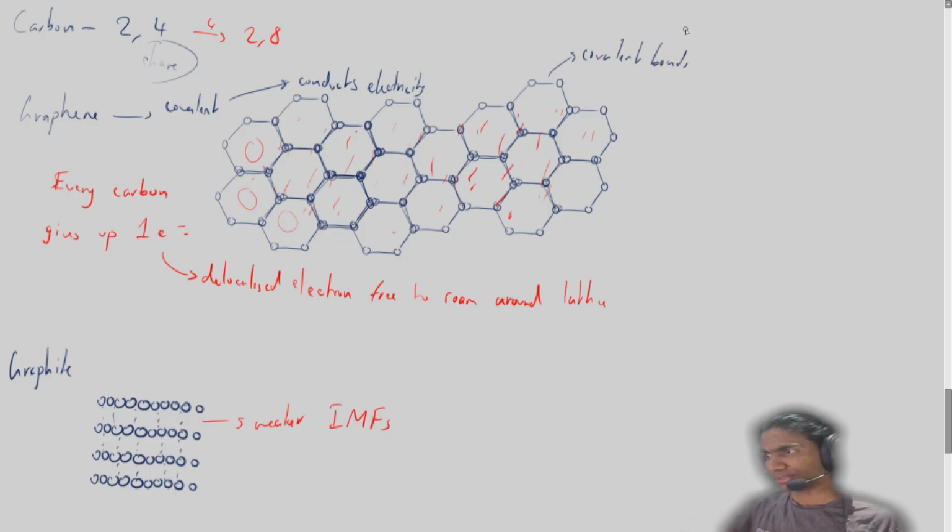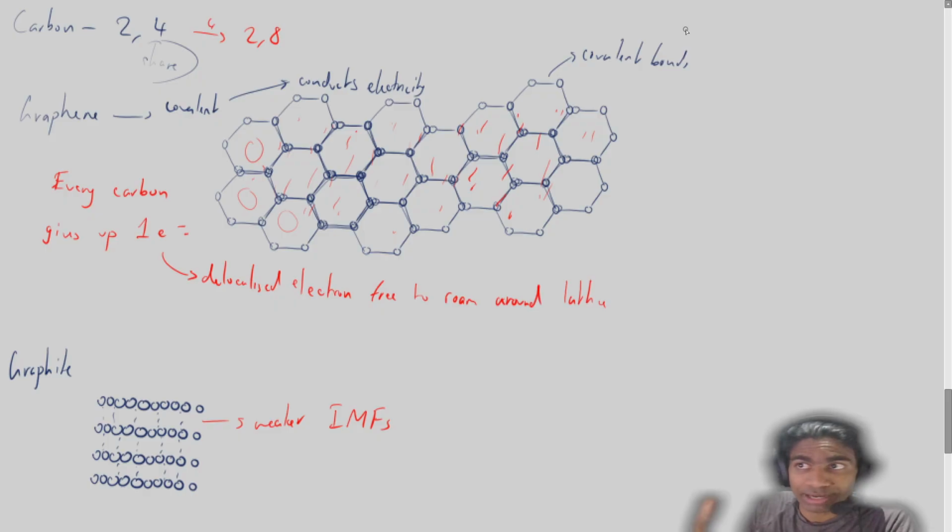If you had to summarize this, the carbon atoms in graphene are bonded to 3 other carbons through covalent bonds. And then for the remaining missing bond, they give up a free electron. That electron is a delocalized electron that's free to move around the entire structure, and that presence of electrons makes graphene an excellent conductor of electricity as well as heat.